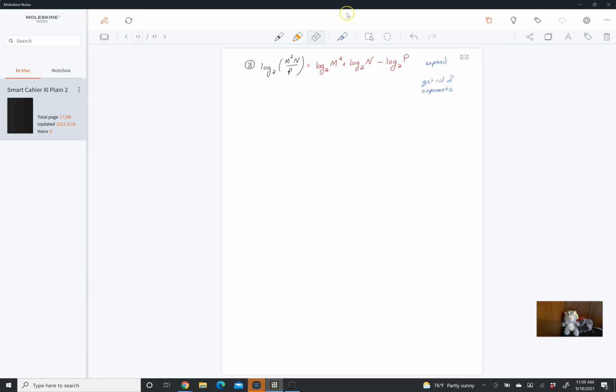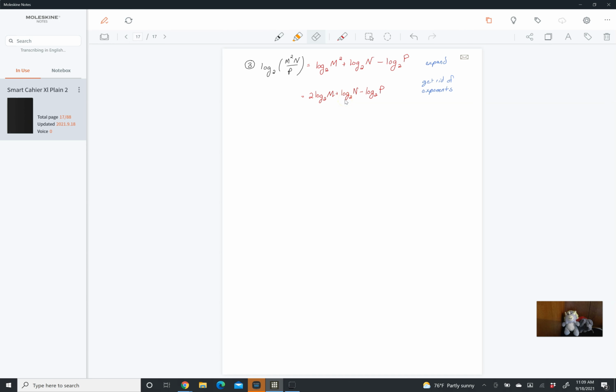And when we do that, we're left with 2 log base 2 of m, and there are no exponents in any of these others, so it's log base 2 of n minus log base 2 of p. And you can see we have one log for each variable and no exponents.